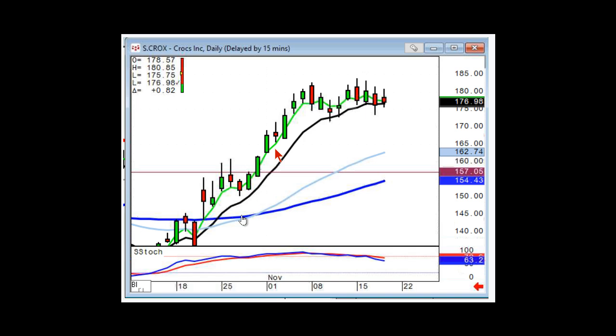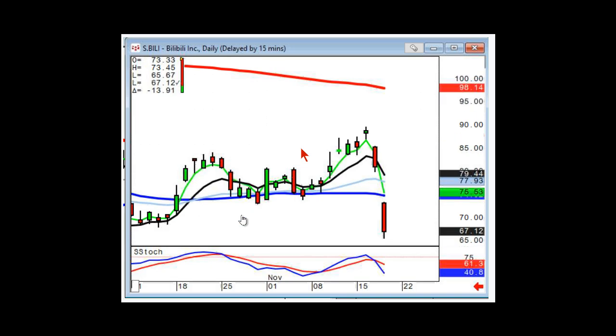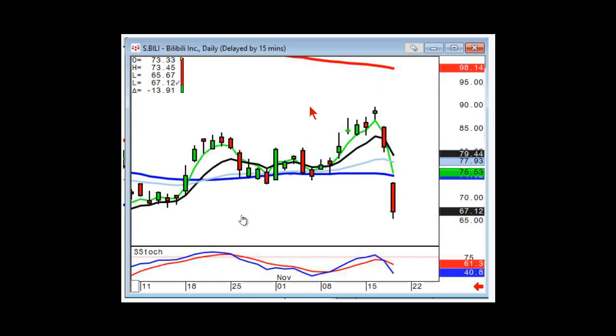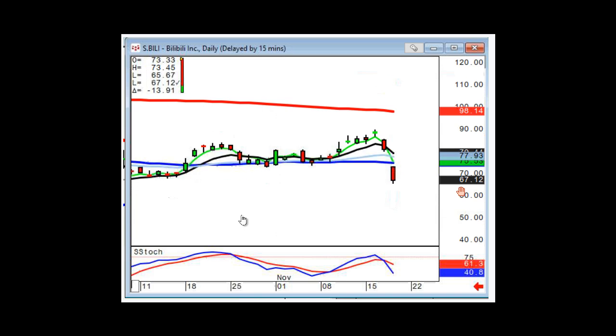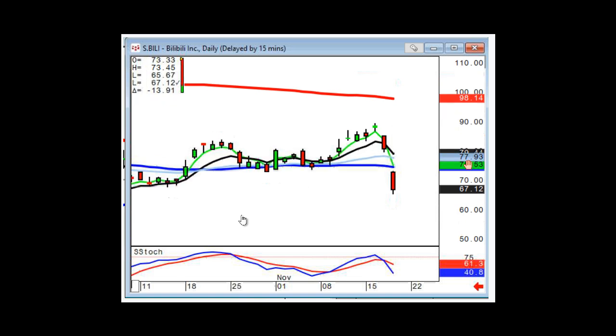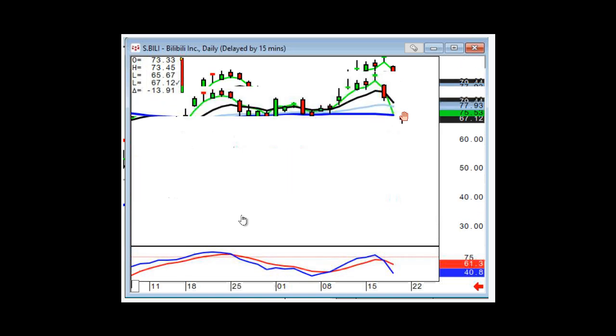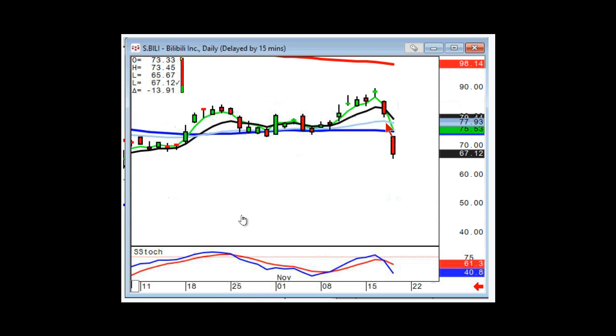What happened there? Billy, stay short. I don't know where the target would be. Bearish best friend down. That usually means they're trying to get out of this with great enthusiasm.